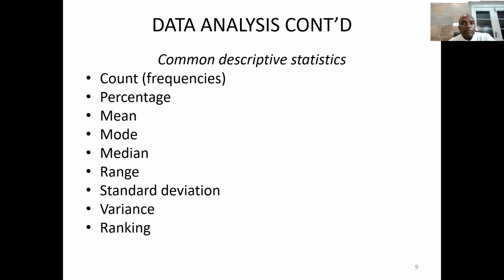Some of the descriptive statistical analysis may be counts, which in most cases involve calculating frequencies, and then your percentage, your mean, that is your arithmetic mean, or different kinds of arithmetic mean. Your mode, your median, your range, your standard deviation as a measure of dispersion, your variance as a measure of dispersion, and your rank to facilitate the calculation of further statistics like your correlation coefficients and so on.